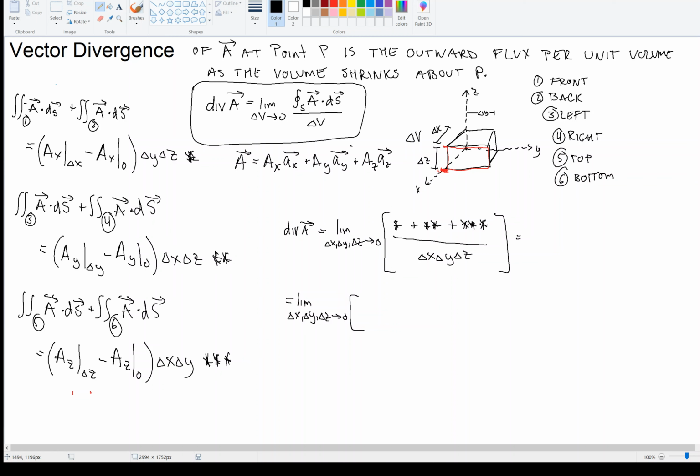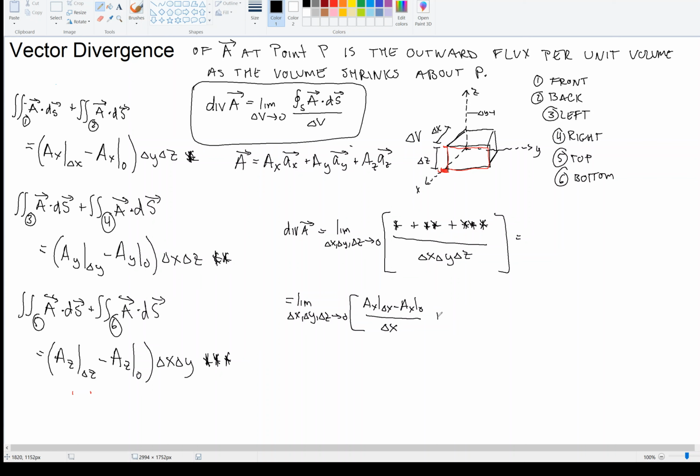So now notice when I plug in the first asterisk, I'm going to separate the fractions basically. I have 3 terms in the numerator, so I'm going to separate them. So when I take the first asterisk and divide it by delta x, delta y, delta z, the delta y, delta z cancel, right? So I'm left with ax at delta x minus ax at 0 divided by delta x.